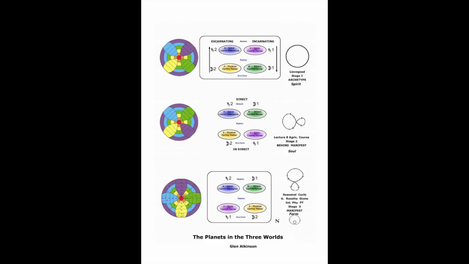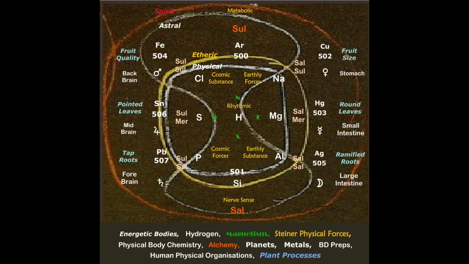But the point being, once we do this, this is the picture that we start seeing in all those manifest stories. You know, that seasonal story we did this morning. I didn't emphasise this, sorry, but that's what's sitting in there, is that we're going through this earthly substance, earthly forces, cosmic substance, cosmic forces rhythm. And that's the rhythm of the manifest layer. So this is that third layer in the three worlds.